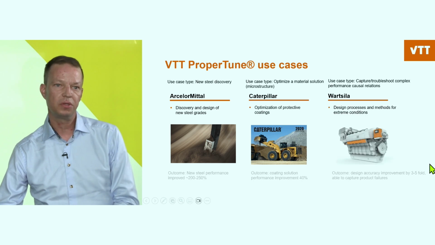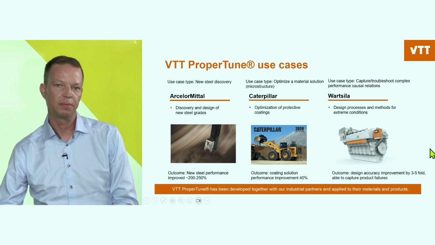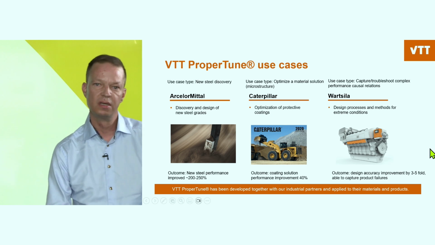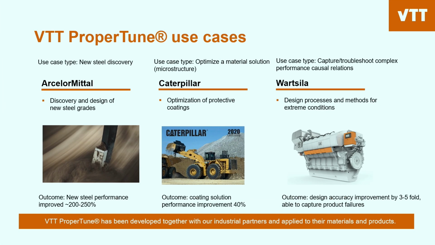Okay, some use cases. Like I mentioned, even though we started from a quite academic background, VTT ProperTune has been developed together with our industrial partners and applied to their materials and products. This has gained pretty good acceptance in industry quite widely. Couple of examples.